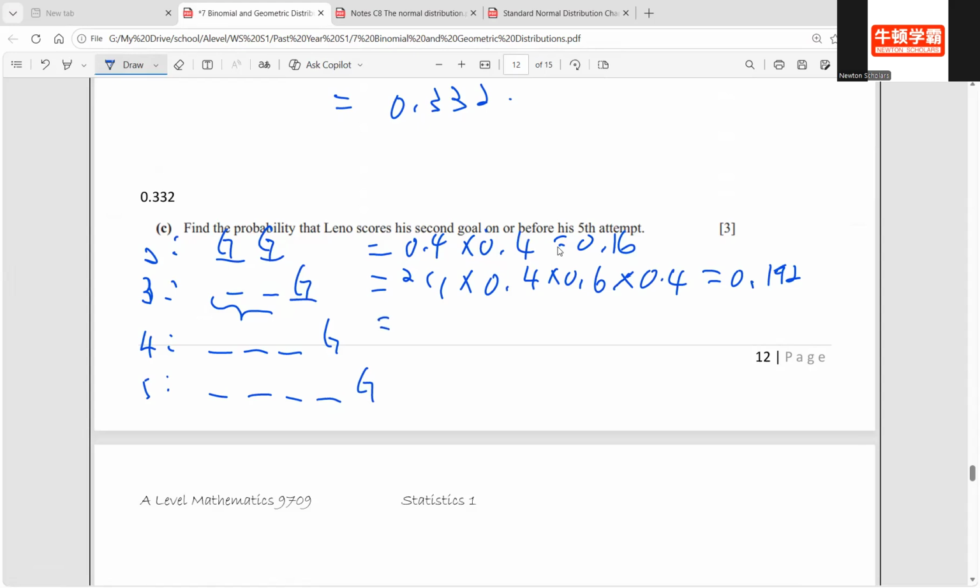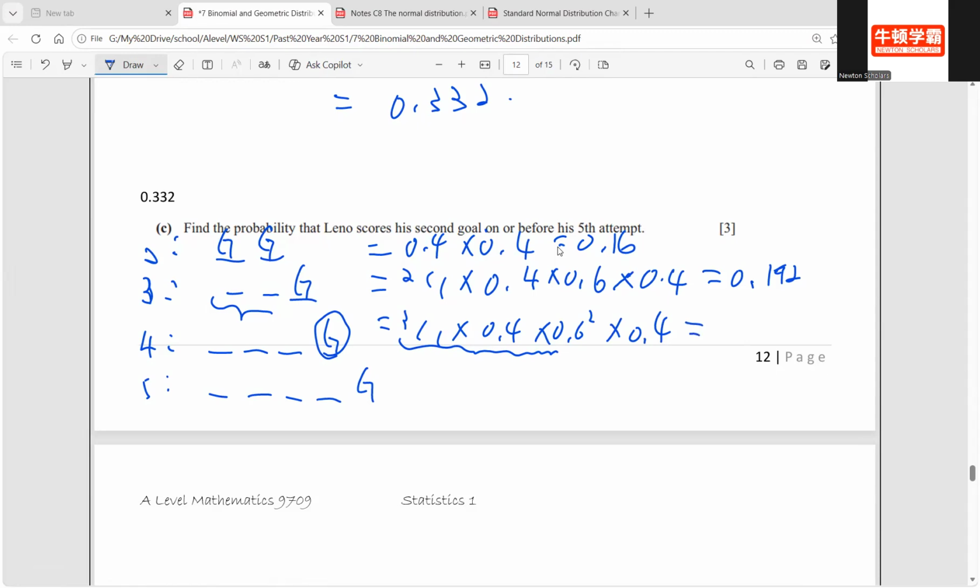Next one we have 3 places. So that means 3C1 times 0.4^1 times 0.6^2 times 0.4. This 0.4 is from the goal here, don't forget it. Among the 3 places, one of them will be a success.